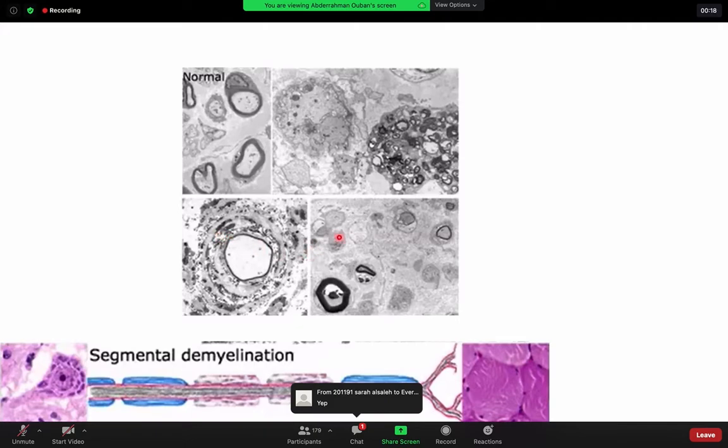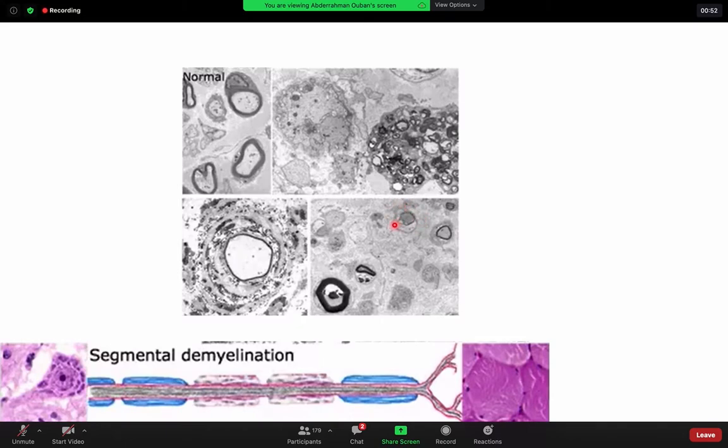Okay. Now, if you look at this picture that we have just talked about, you are going to see that it's a composite picture that has everything that you need to know about the demyelination that is happening in segmental demyelination. In the left corner, you will see this axon with the thick myelin sheath. In the right upper corner, you will see axons with thin myelin sheath.